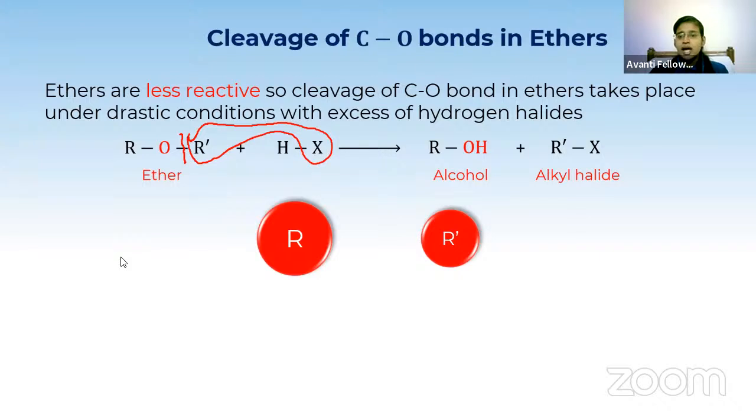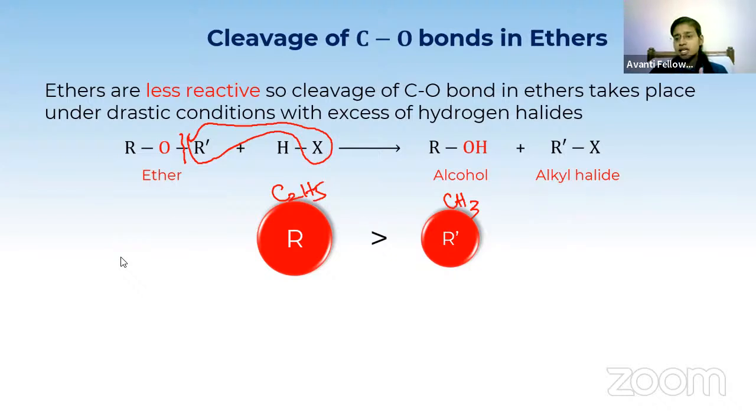If the two alkyl groups are different, one will be bigger in size compared to the other. Here I have taken the case in which the R group is bigger than the R dash group. For example, R can be C2H5 and R dash can be CH3. C2H5 is bigger than CH3, right?